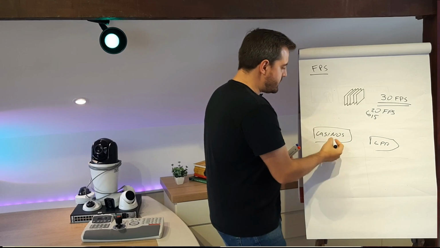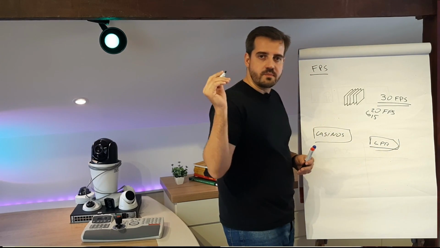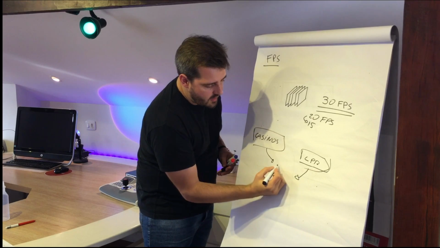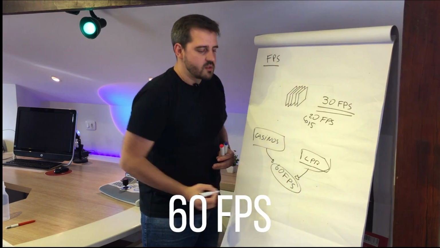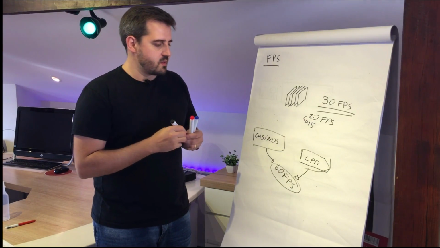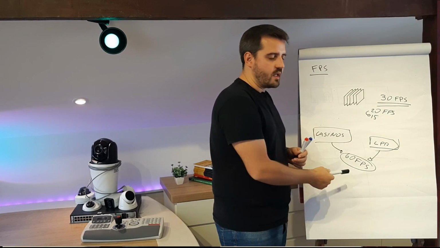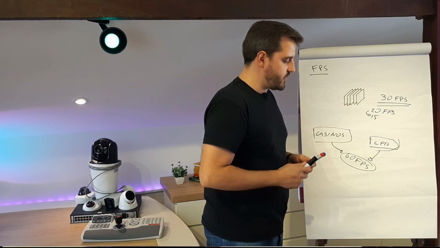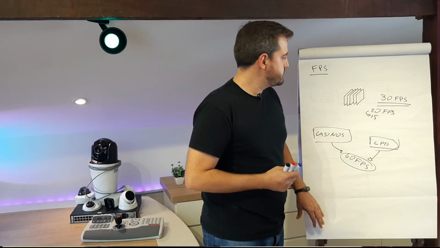In these cases, and in LPR as well, the car is passing very fast, they probably require 60 frames per second. So these are special requirements, not necessarily for small and medium business, but it's a common value for this type of application.